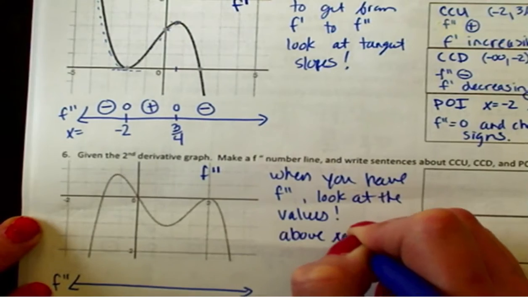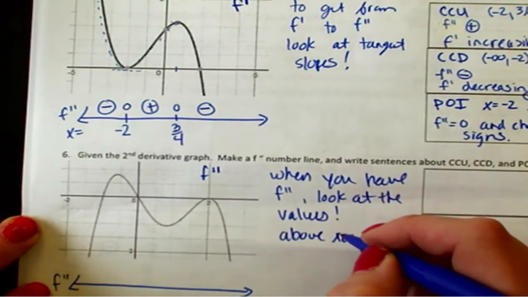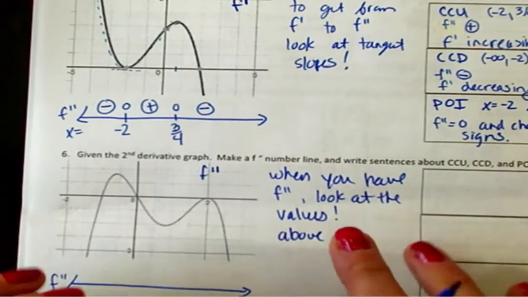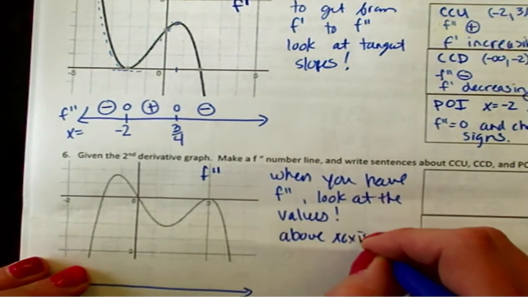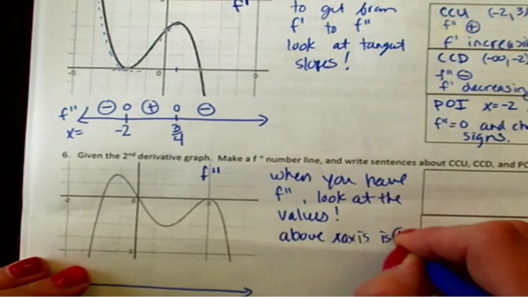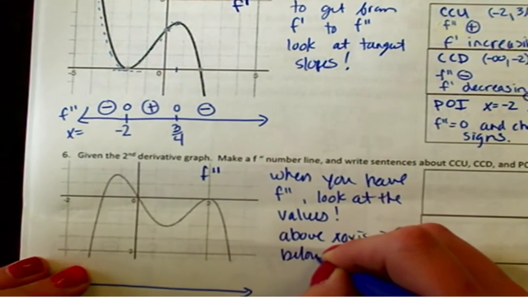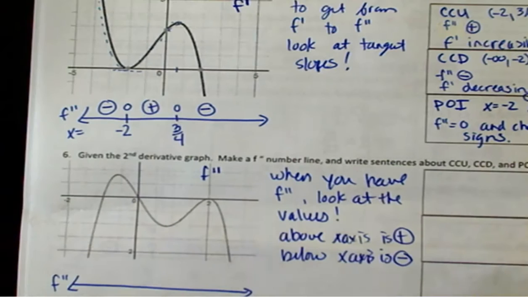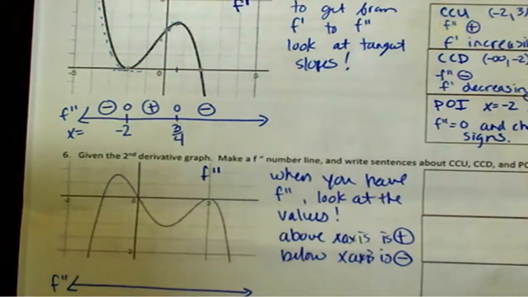Above the x-axis is positive. Below the x-axis is negative, right? Values, a positive value, negative value.